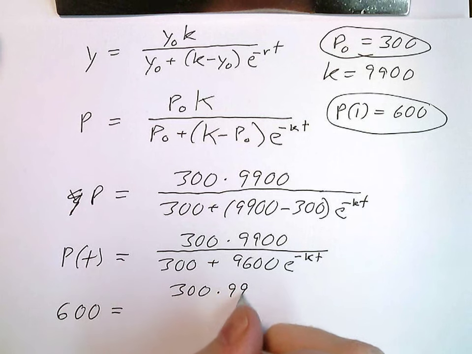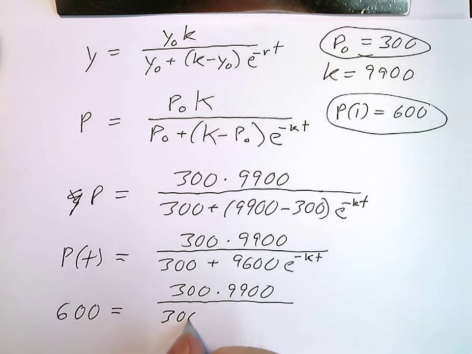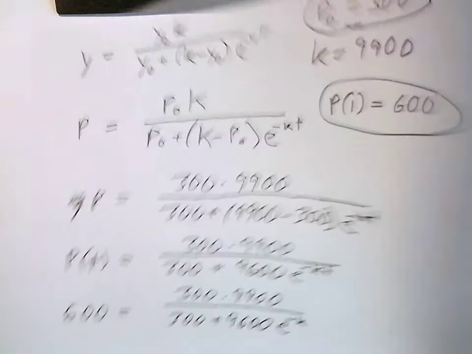So putting that in here, I'm going to have 600 equals 300 times 9,900 over 300 plus 9,600 e to the minus k, because t is 1. I want to solve this for e to the minus k and then solve it for k. So I just have to do some algebra here.